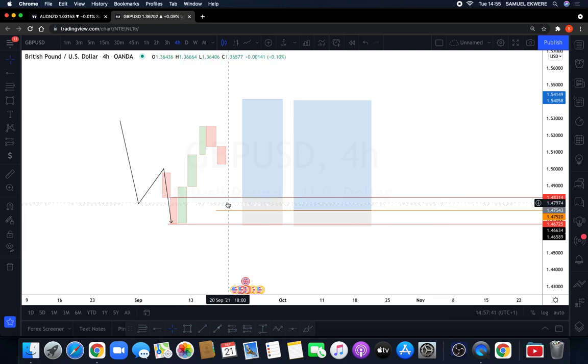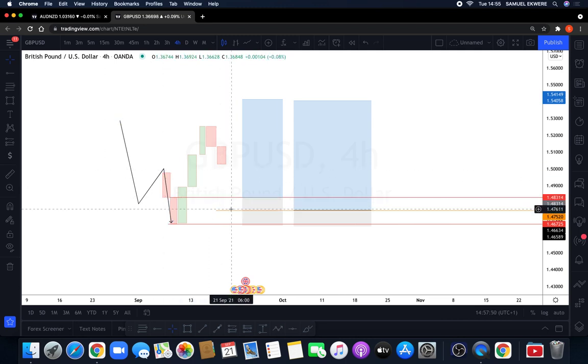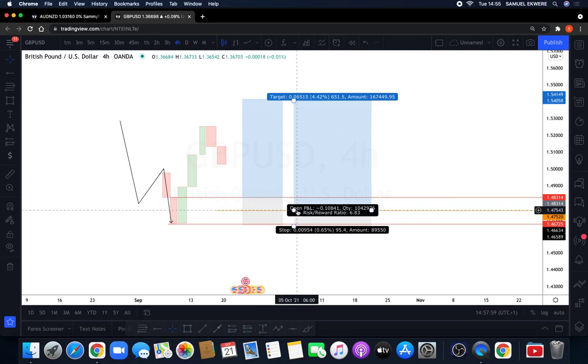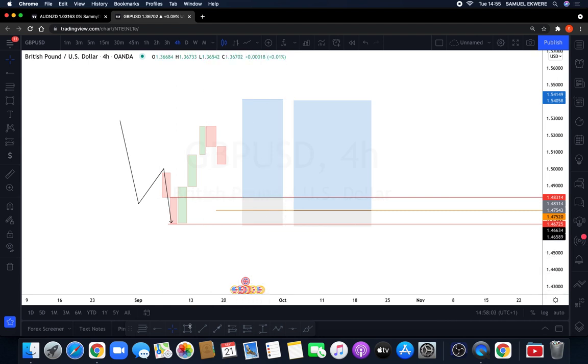If at all they are at a loss, but usually they are going to come down and close in profit because they have obviously started the sell from somewhere around here. So if they come back to close here, they will close in profit or maybe break even, whatever. So now you either want to enter from the 50% or maybe from the open of the other block. So usually this is what we're expecting.